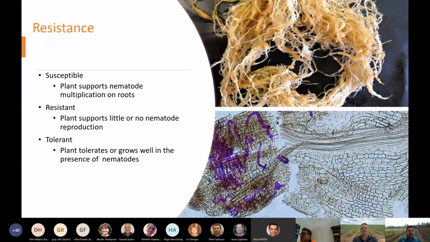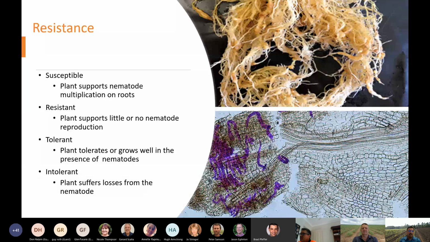Another term we usually use is tolerant. What is tolerant? A tolerant plant can still grow and give productivity without loss in the presence of nematodes. Even if they are attacked by the nematode, they still maintain their productivity. Then comes intolerant.